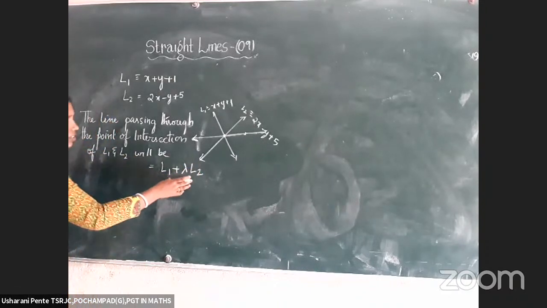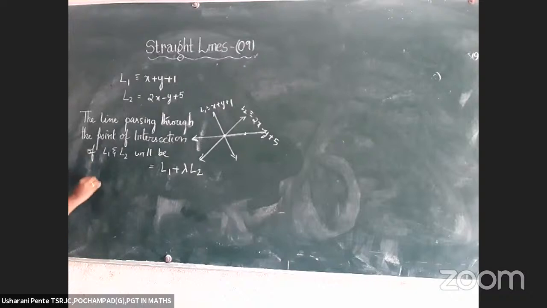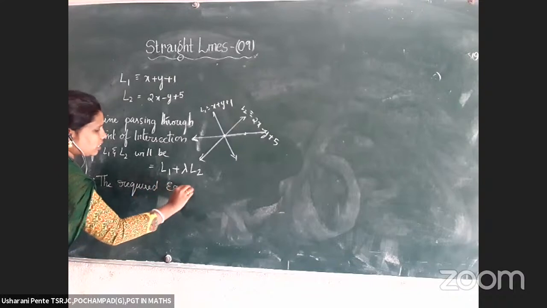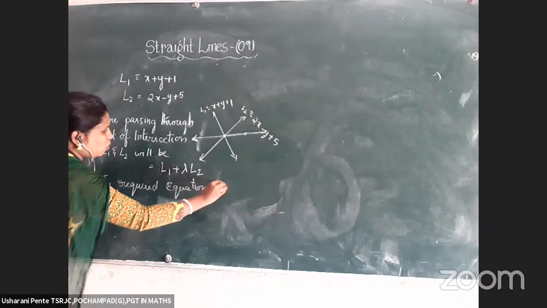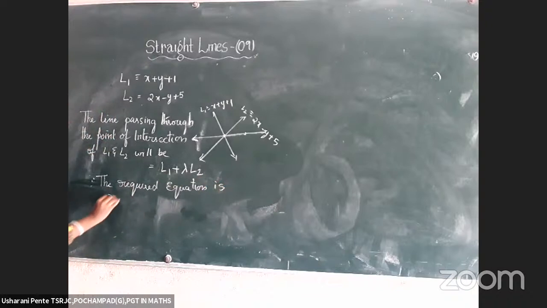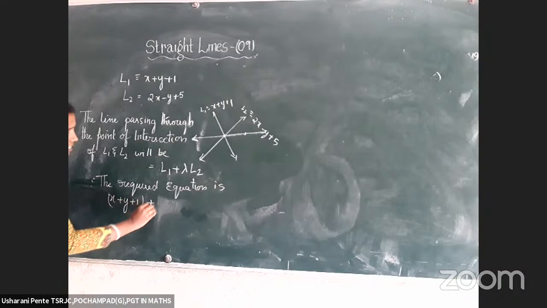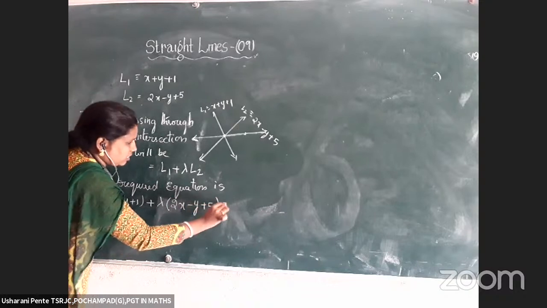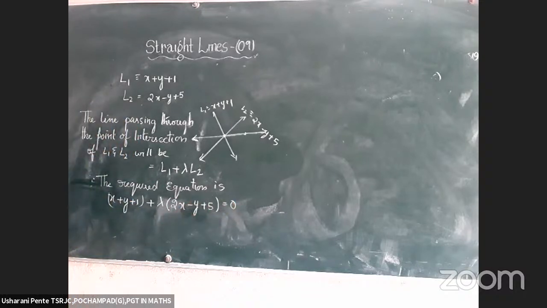Therefore, I am writing the equation in this form. The required equation is x plus y plus 1 plus lambda into 2x minus y plus 5 is equal to 0.